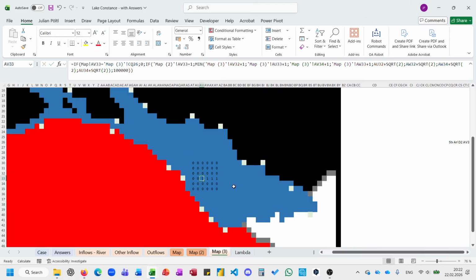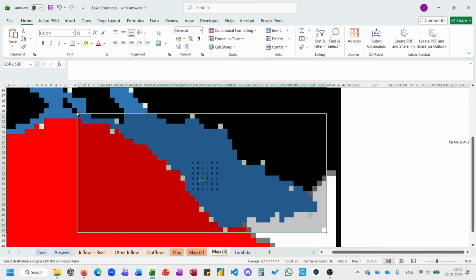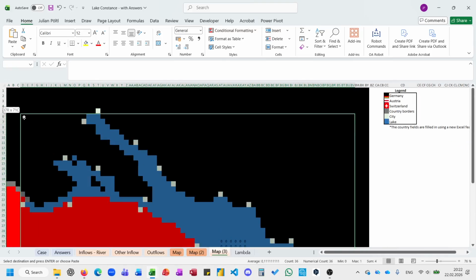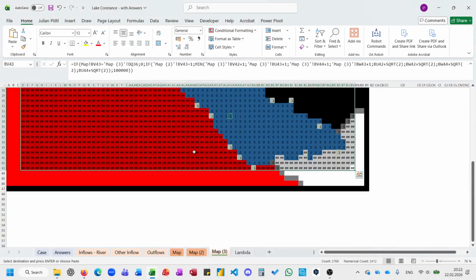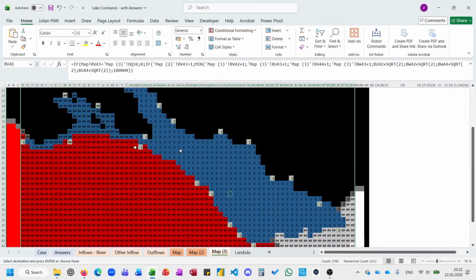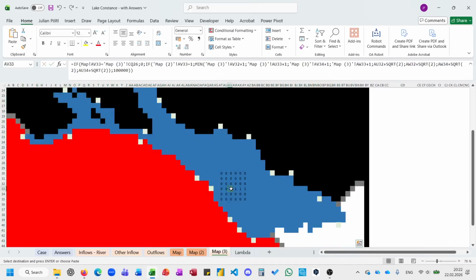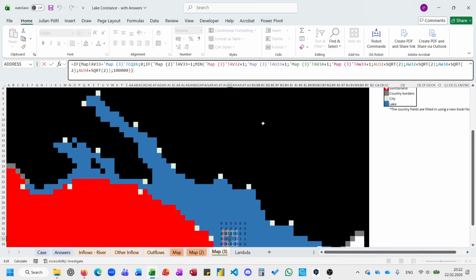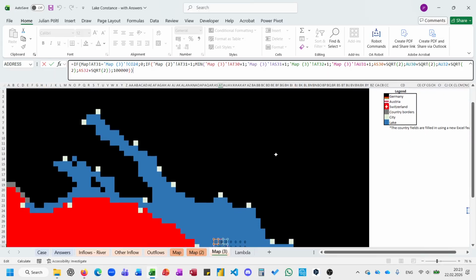Should be fine. Okay. Again, we try to copy it. What was the issue here? Why is this BB? Huh? Why is this referring to a completely different cell? You saw it.